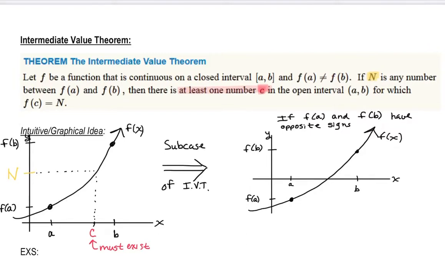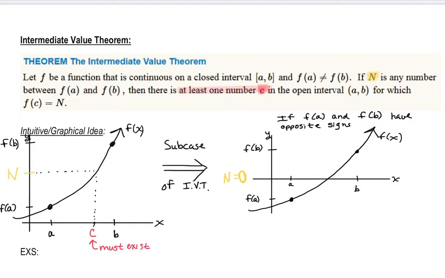Then, if they are of opposite signs, that's going to have to mean that for our value n, 0 has to be somewhere in between f of a and f of b, right? If they are of opposite signs, then I can use 0 as my value for n.